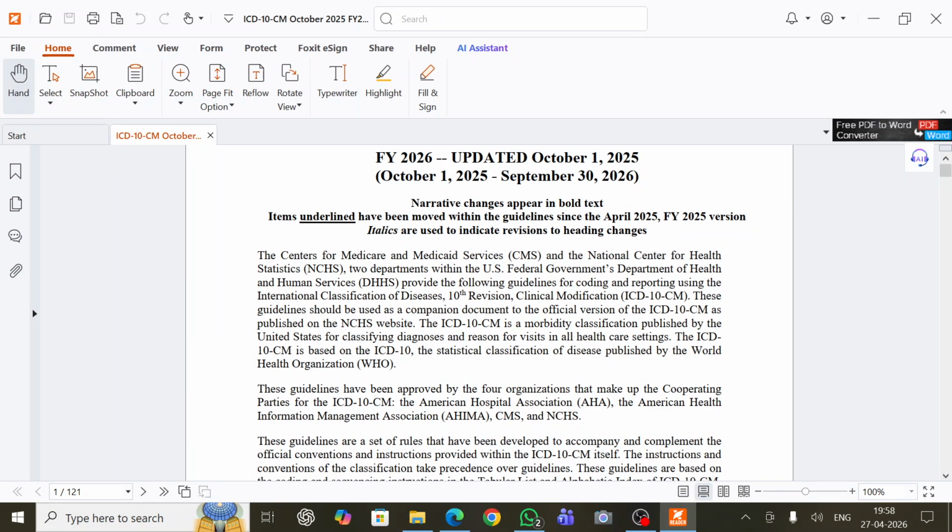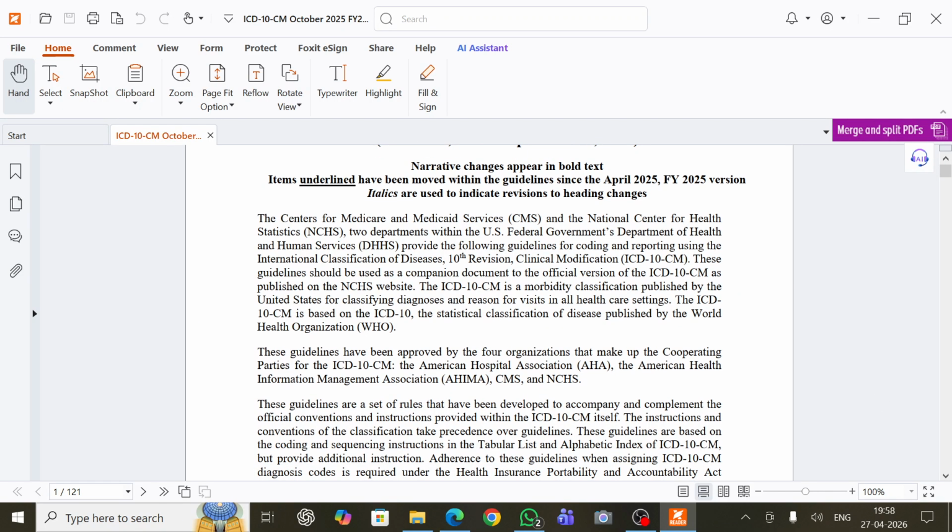In ICD-10-CM, these guidelines have been approved by four organizations or cooperating parties in the US federal government. First is the AHA, the American Hospital Association. Second is the American Health Information Management Association, AHIMA.